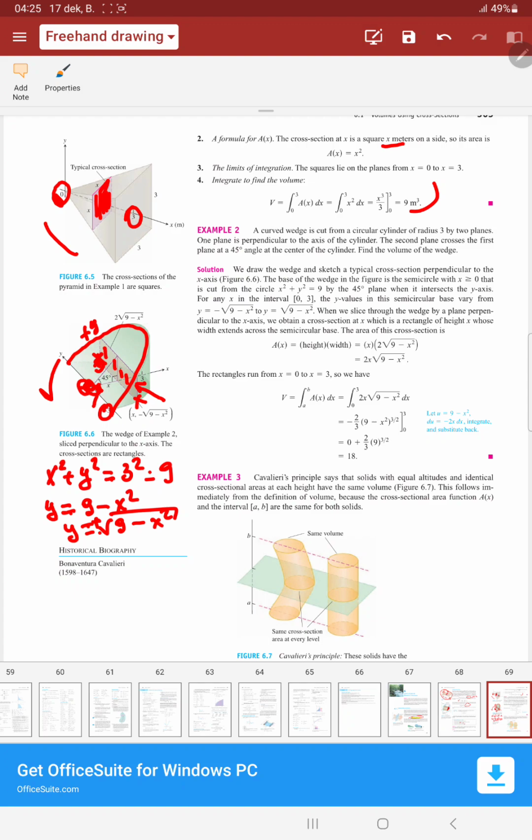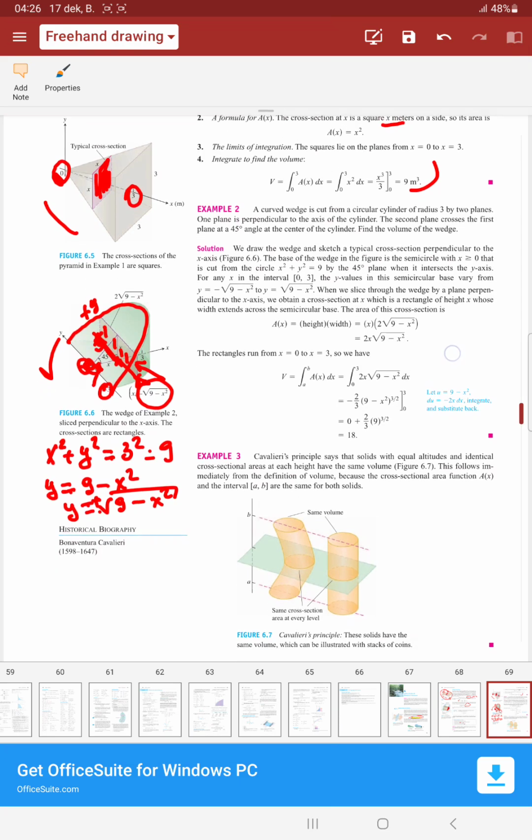The area of a rectangle, we know from high school, is equal to height times width. The height of our rectangle is x. And the width of our rectangle is 2 times this. Why? Because from this point until this point, it's 1 square root of 9 minus x squared, and of course the width will be 2 times the square root of 9 minus x squared.